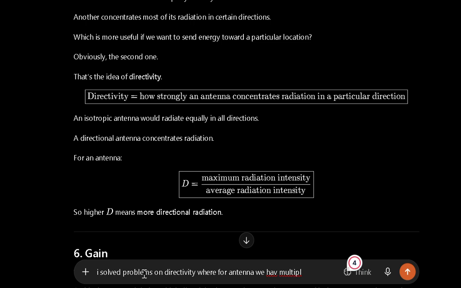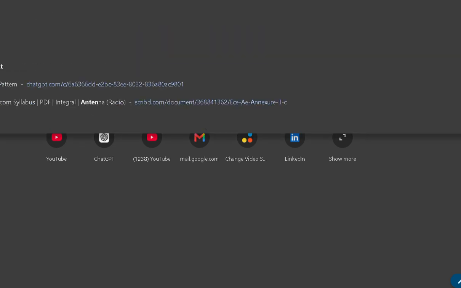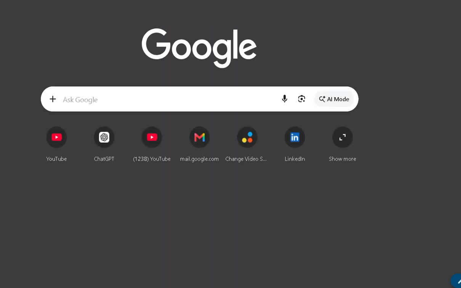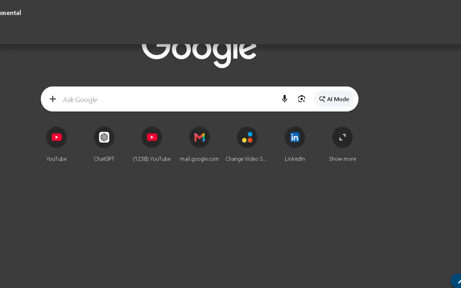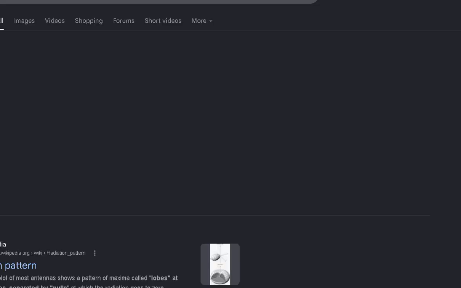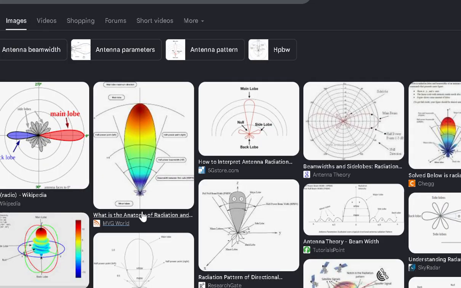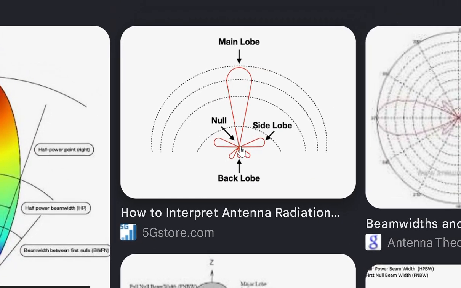So yeah, I remember antennas have lobes and nulls. Lobes represent the antenna radiation pattern: major lobes and minor lobes. Let's look at antenna lobes in antenna radiation. So this is the lobe.